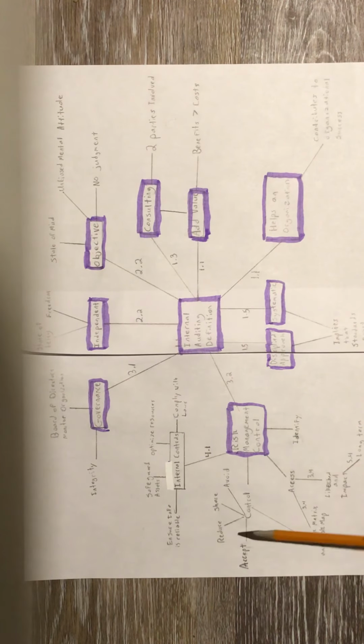When you reduce a risk, it means you place a control to lessen the potential impact that could be caused by that risk. The main reason to reduce the risk is if the impact is low and the likelihood is high. And then when you share a risk, it means that if you do face the impact of the risk, it will be distributed to more than one individual or company.